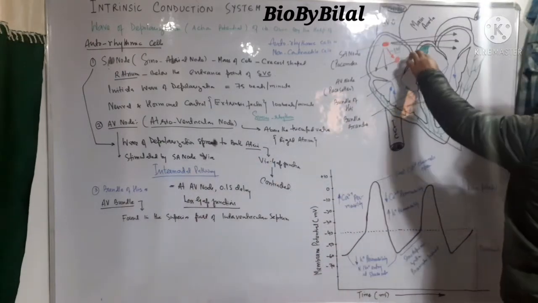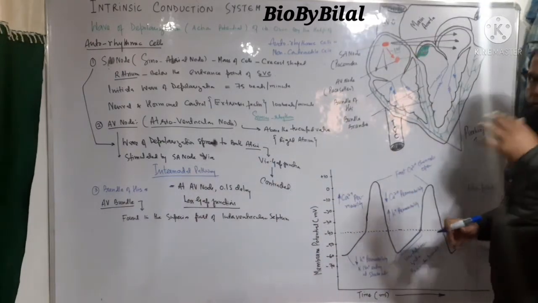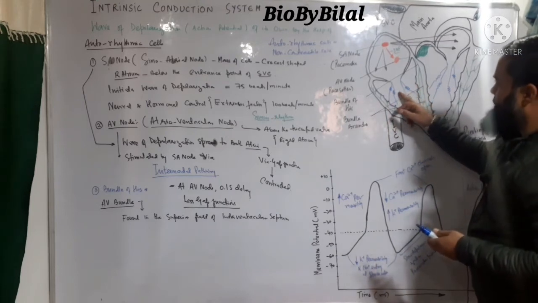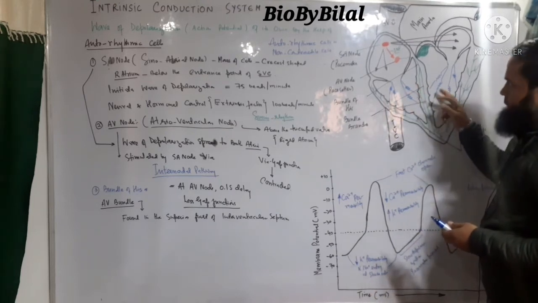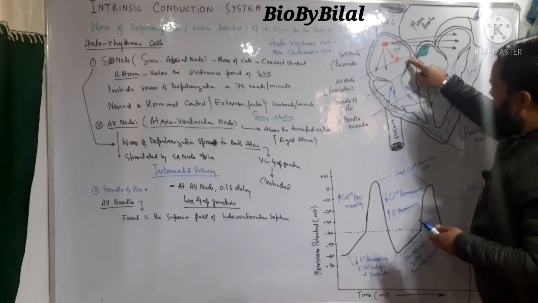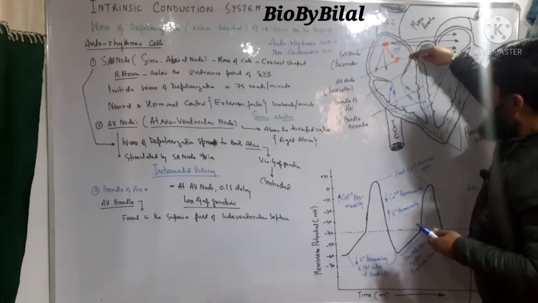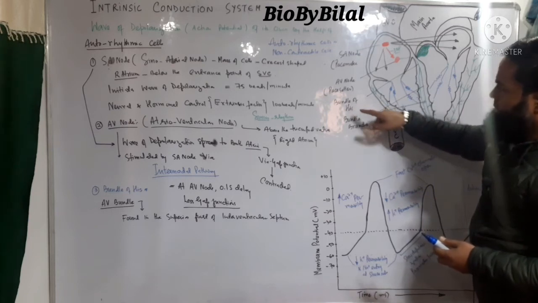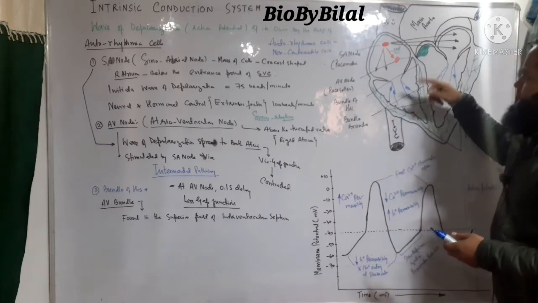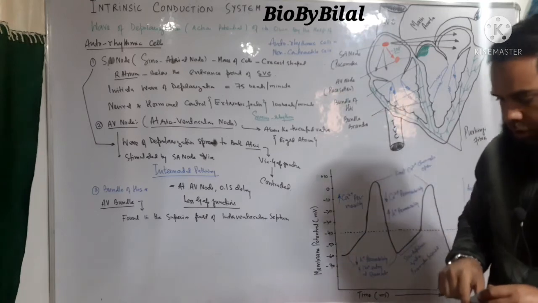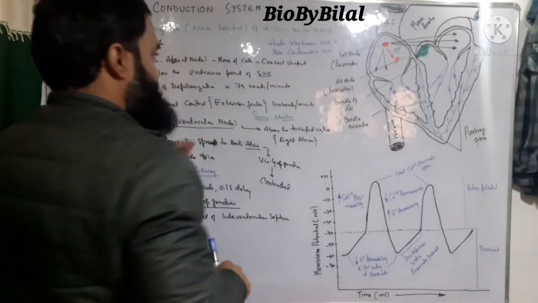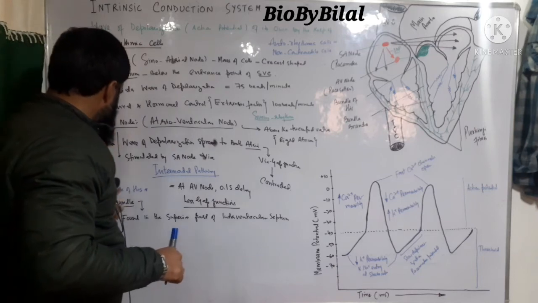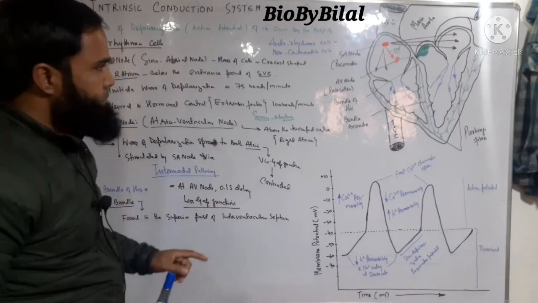This is the septum here, which separates the right ventricle from the left ventricle. This green line indicates the bundle of His, or AV bundle, and it is short. The information spreads from SA node to the AV node and from AV node to the bundle of His.